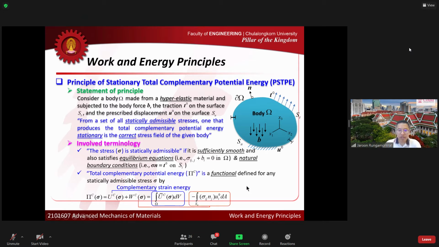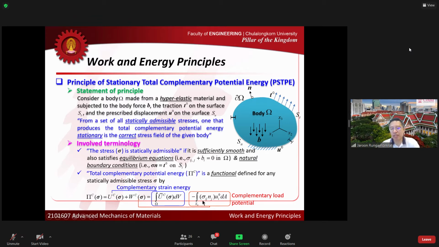And the second part, we define as the complementary load potential. You can think about this as the work done due to the traction generated on that side. The traction generated on that side is simply sigma ij multiplied by nj.